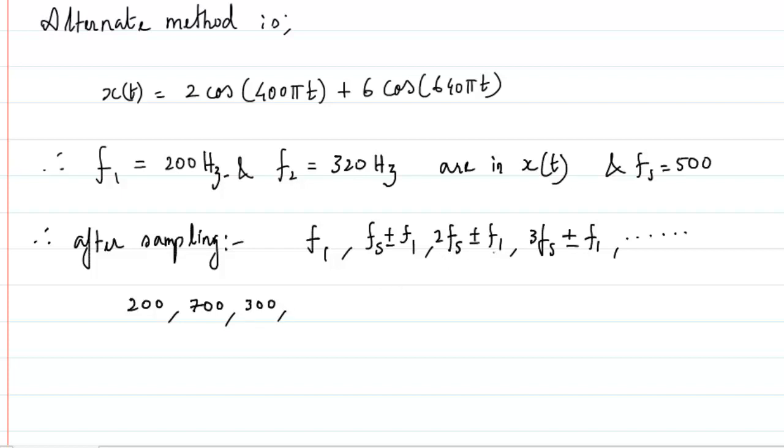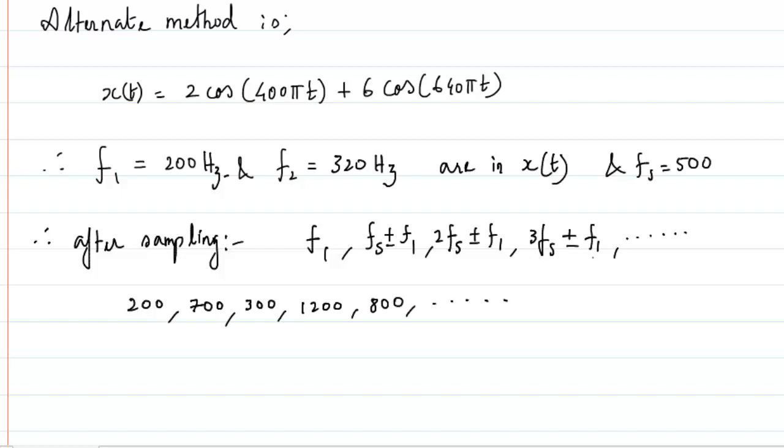Next, 2fs plus minus f1. 2fs is going to be 1000. So 1000 plus 200 is going to be 1200, and 1000 minus 200 is going to be 800.